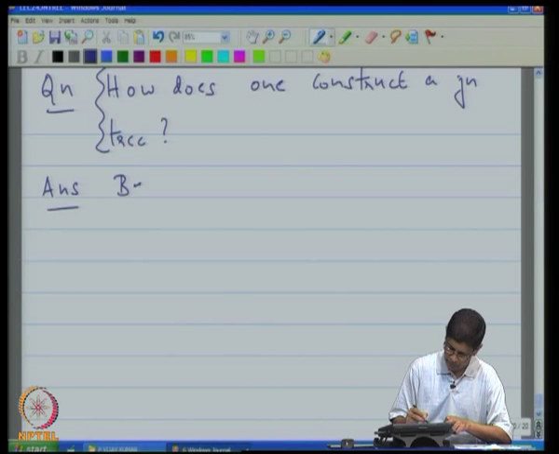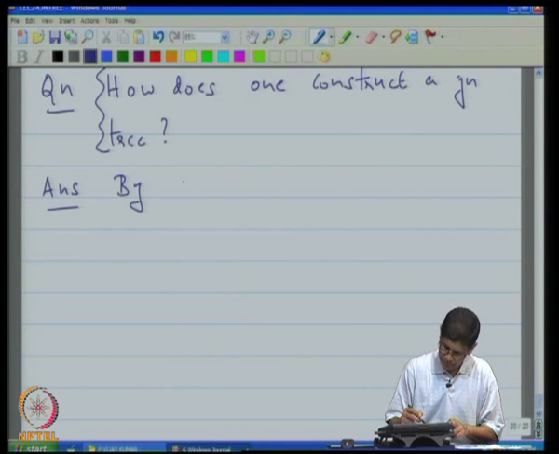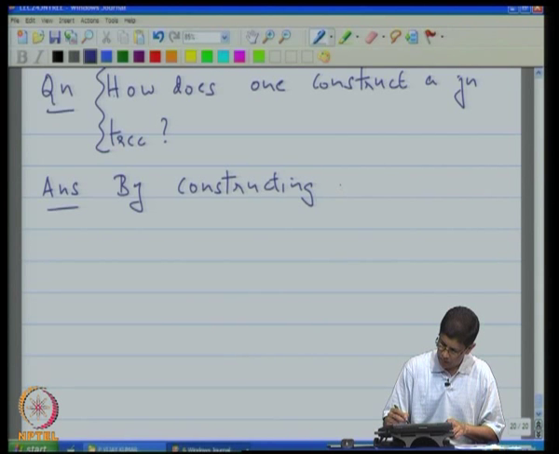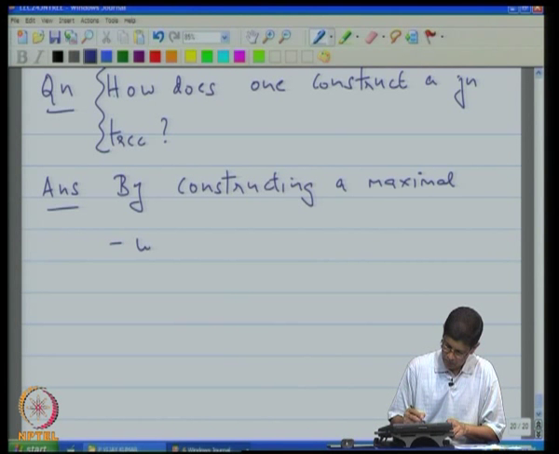The answer is by constructing a maximal weight spanning tree.